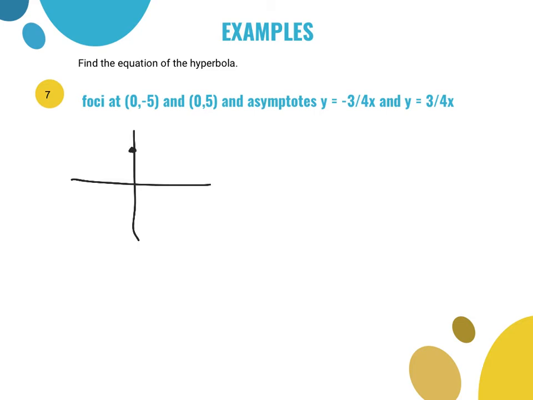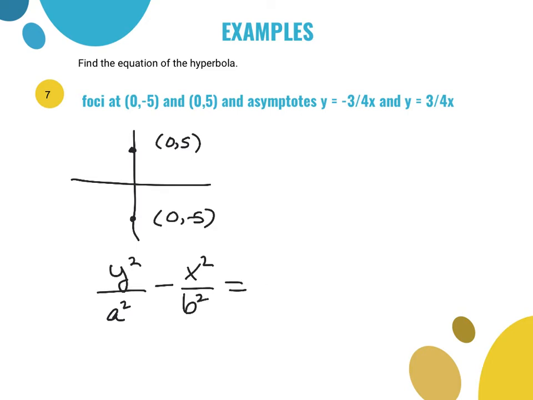This time, the foci are located on the y-axis. Remember, the focus and the vertices are always on the same axis, they're going to transverse the same axis. So because these are on the y-axis, I know the equation I'm using is y squared over a squared, x squared over b squared equals 1.